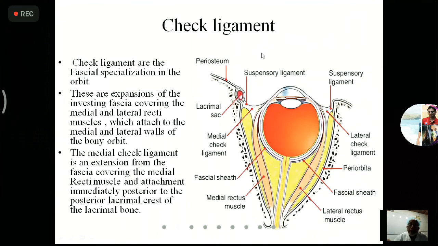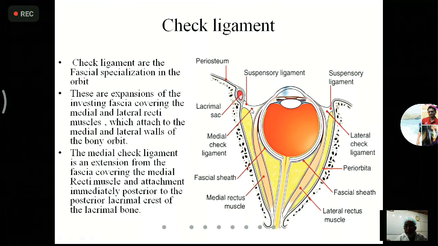Now, a little bit about another structure responsible for the movement of the eyeball and the sling of the eyeball: the check ligament. Check ligaments are fascial specializations in the orbit. These are expansions of the investing fascia covering the medial and lateral rectus muscles, which are attached to the medial and lateral walls of the orbit.